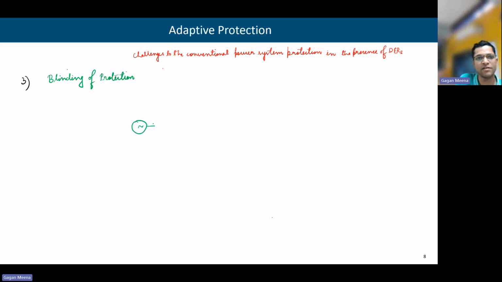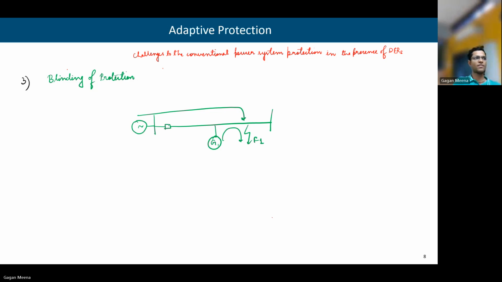Here we have a relay and we have a generator G1 and there is a fault here as well. So for this fault, contribution will be from this generator as well as from the main grid. Now what is happening? The utility grid contribution.